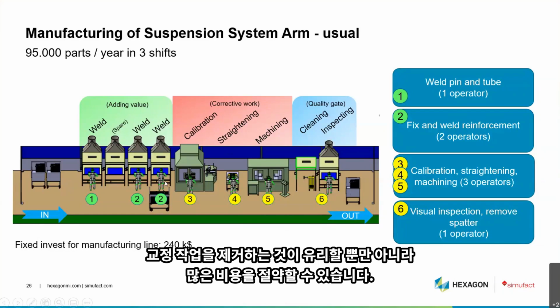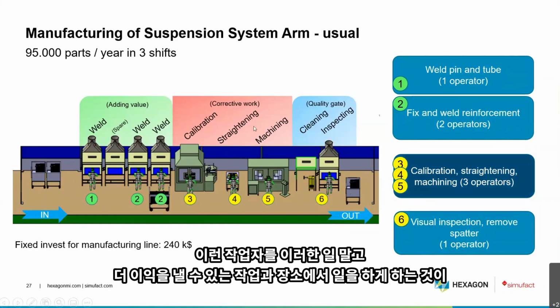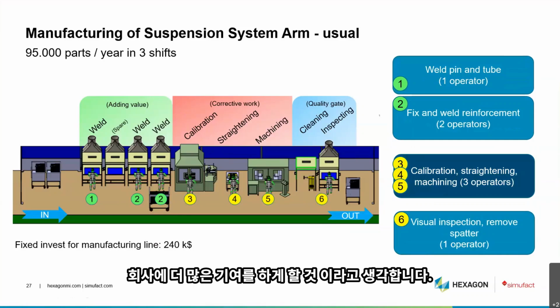So it would be very beneficial to get rid of this corrective work, to save a lot of money, I think, and also to release the operators from this work and let these guys do a job which is more beneficial, with more benefit for the company.